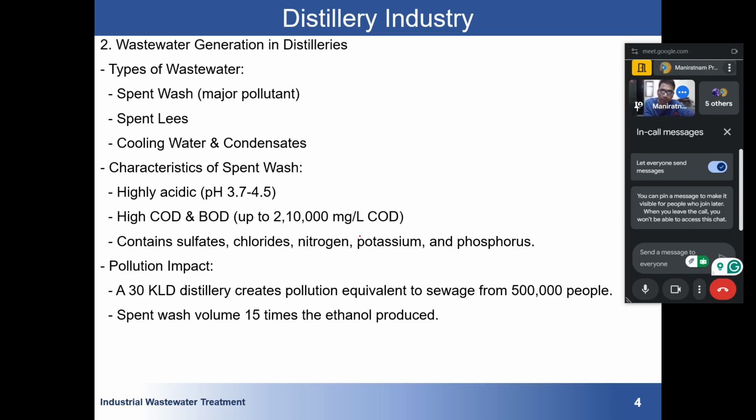These industries mainly use a carbon source, like molasses or grain. In both cases there is a huge amount of carbon, and carbon is a source of organic matter. That is why there is so much COD.